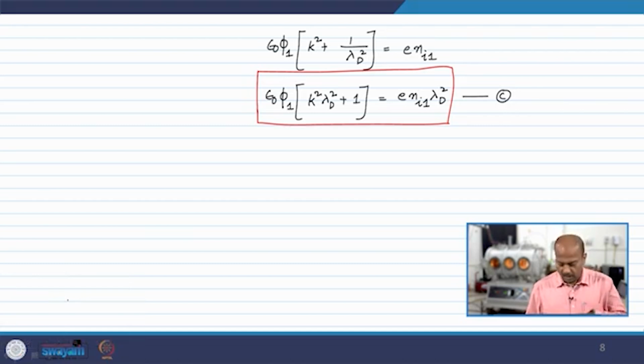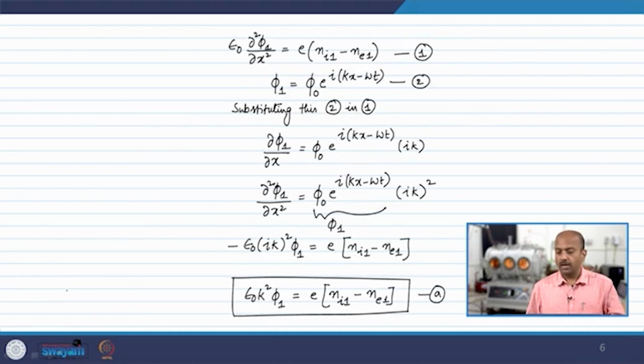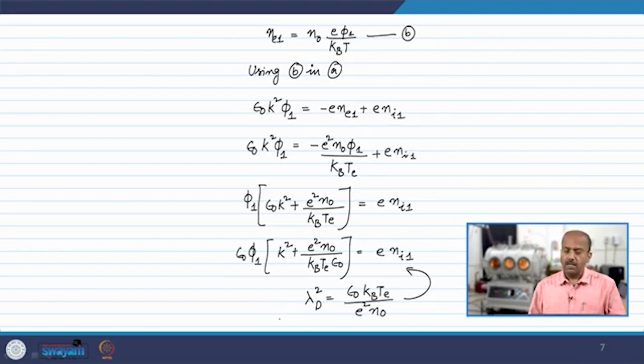So, what is A, what is B, what is C? Let us go back and see. Equation A is the Poisson equation in terms of phi 1. Equation B is the number density of perturbed electrons, which we have derived in the last class. If you are finding it too difficult to accept this relation, you can go back and see how this was derived.